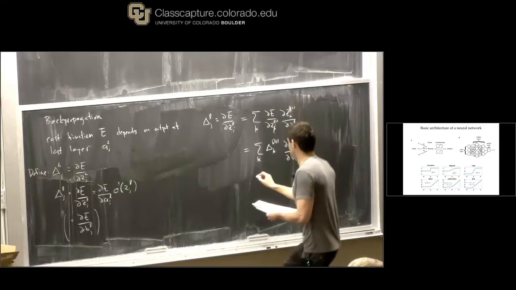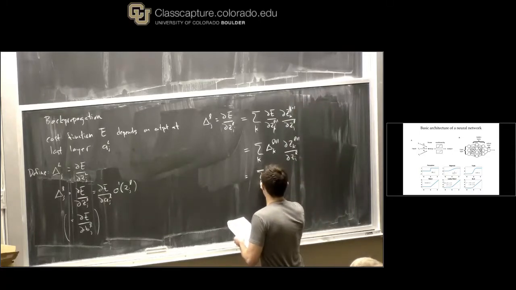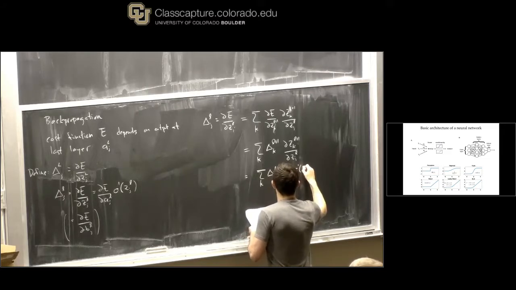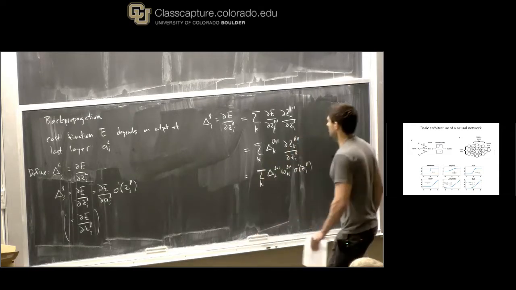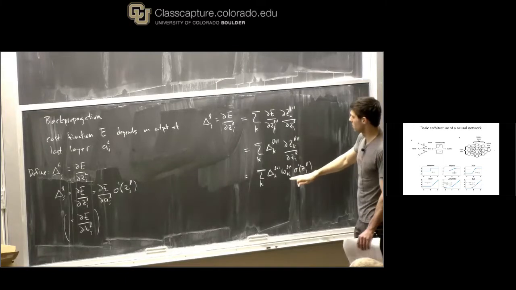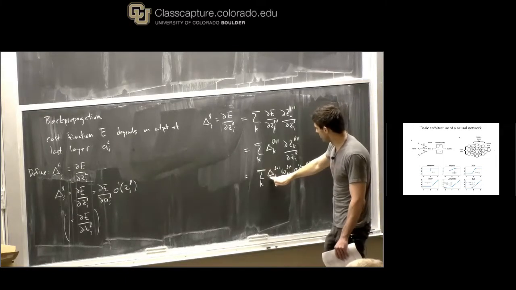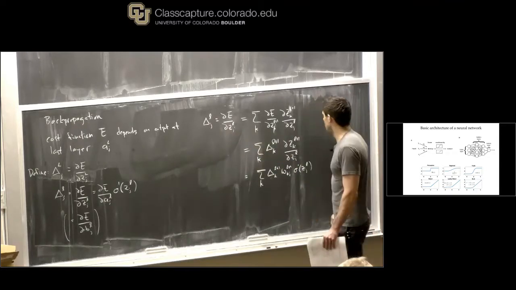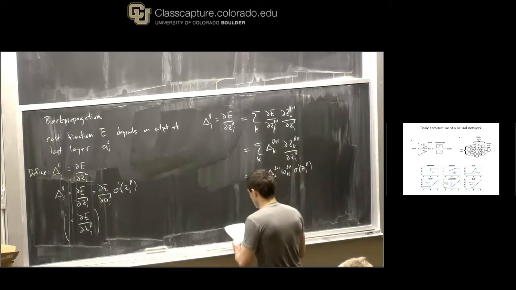And you find that this is equal to this. Okay, so now if you have all of the deltas here, you can get the deltas at the previous layer, and then you can run it backwards. So this is called the backward pass.